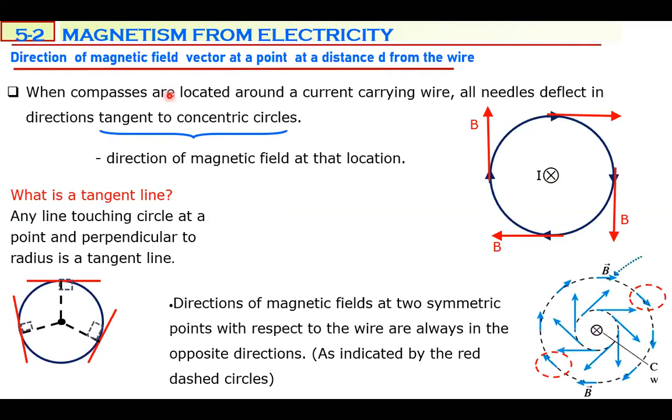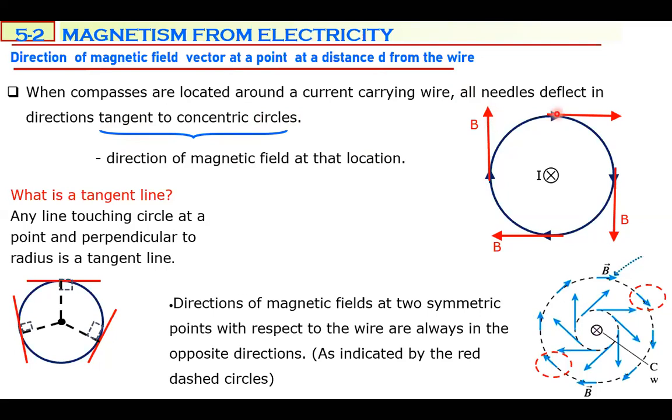When compasses are located around a current carrying wire, all compass needles deflect in the direction tangent to the concentric circles. These tangent lines around the concentric circles point in the direction of the magnetic field at that point. For example, at this point, if you want to find the direction of the magnetic field vector, you should draw a tangent line, and this tangent line will show the direction of the magnetic field here.